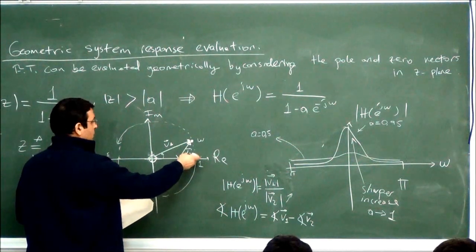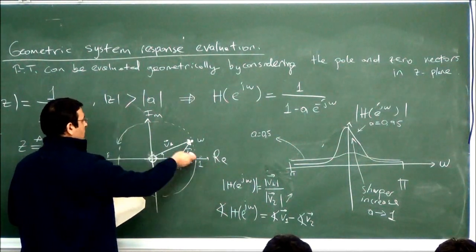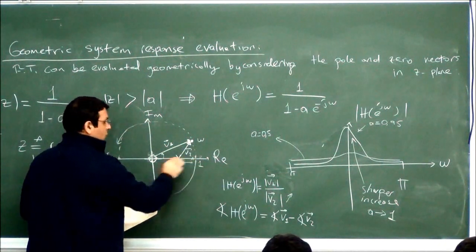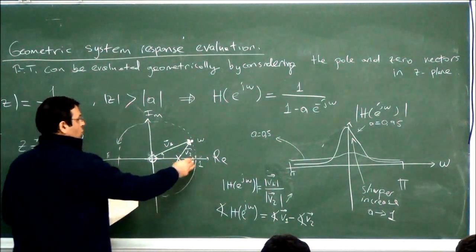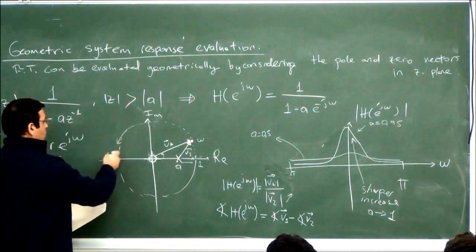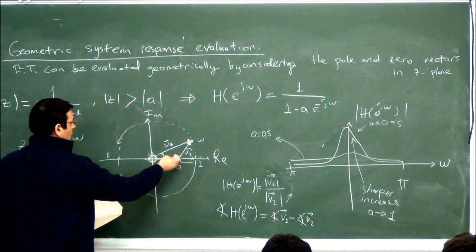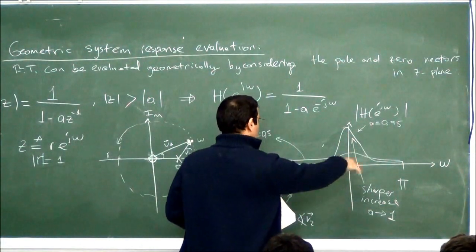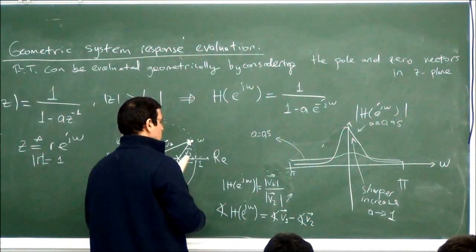This is the 0 point, going counterclockwise. And at this point for 0.9, you are close to the pole, so it will give a huge value. And if you go through pi, moving away from the pole, this value will decrease. So this is the magnitude response of this system.